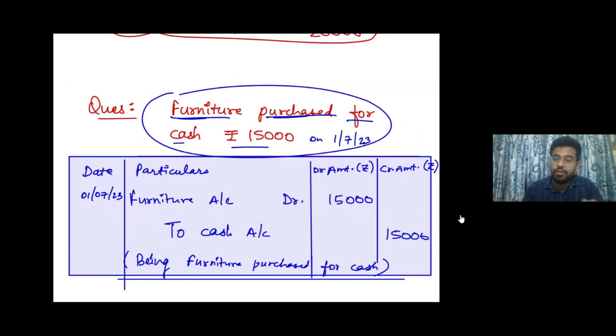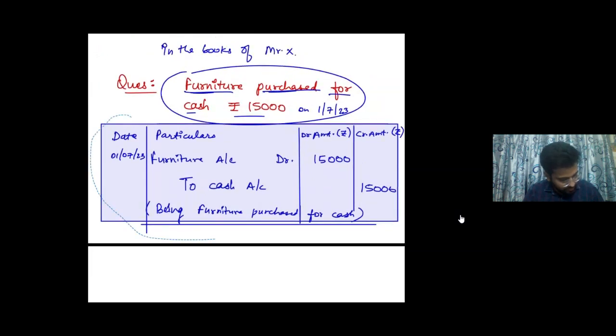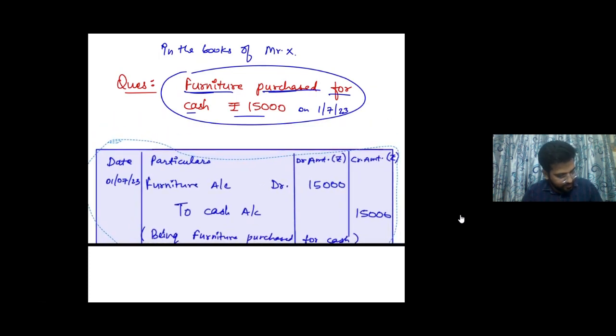Now, if they've also given the information that you have to do this journal entry in the books of Mr. X, I will also write on the top, "In the books of Mr. X". This will be a heading, and I will mention journal entries.